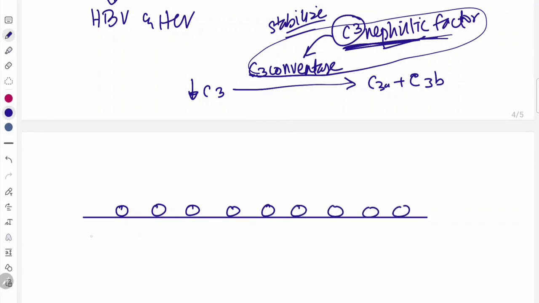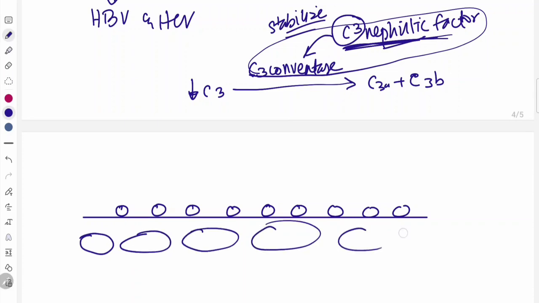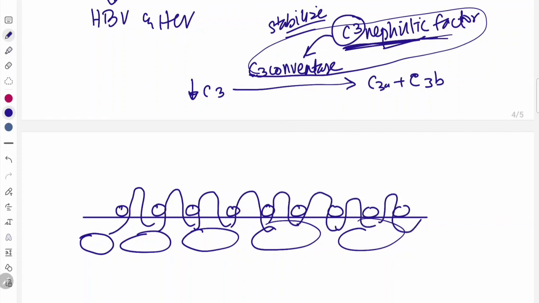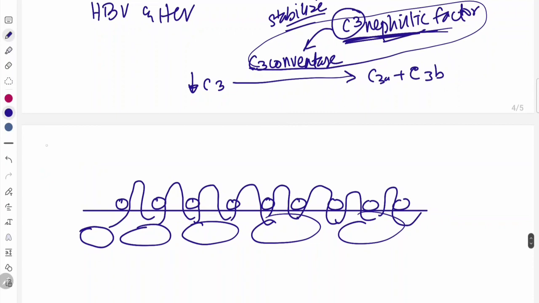These are mesangial cells. These mesangial cells are proliferating in between the deposits, and you see it becomes a tram track. What is a tram track? A railroad, right? So this is a tram track appearance. The mesangial cells will proliferate in between the deposits.